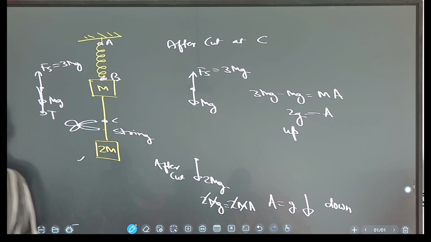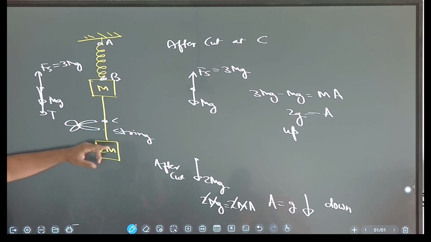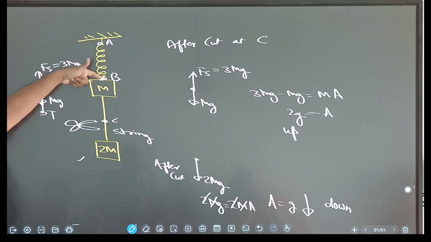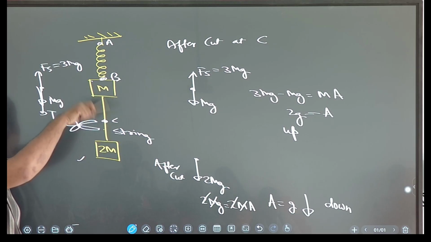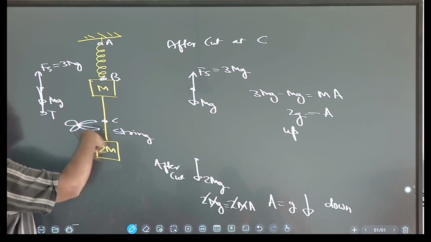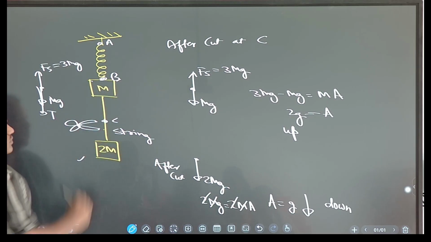Okay, clear? Now you solve the same question. You write 2m here and m here. Interchange. What happens if you cut at A? What happens if you cut at B? What happens if you cut at C? Solve this question again, interchanging the blocks. 2m here, m here.